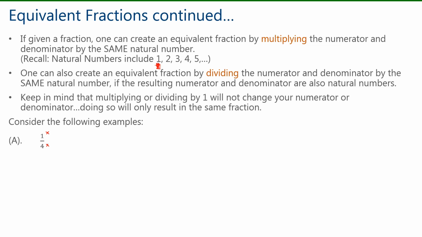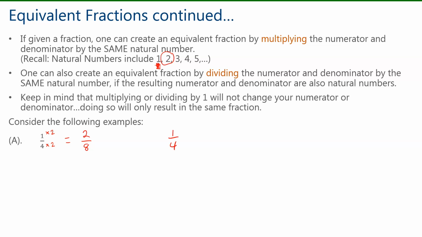We get back 1/4. So let's go with 2. So I'm going to multiply numerator by 2, denominator by 2. Multiplication facts, always important. 1 times 2 is 2. 4 times 2 is 8. So that means that 1/4 and 2/8 are equivalent.